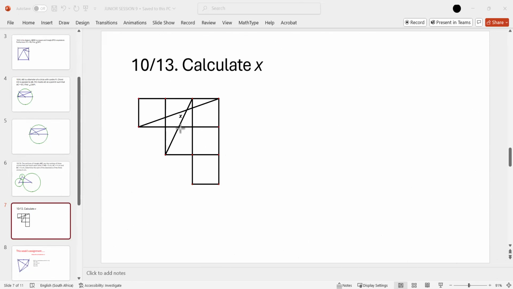Now, the way to do this is actually to draw a construction. I had to try many times before I eventually decided on the right construction. And the construction that we have to do is this one.